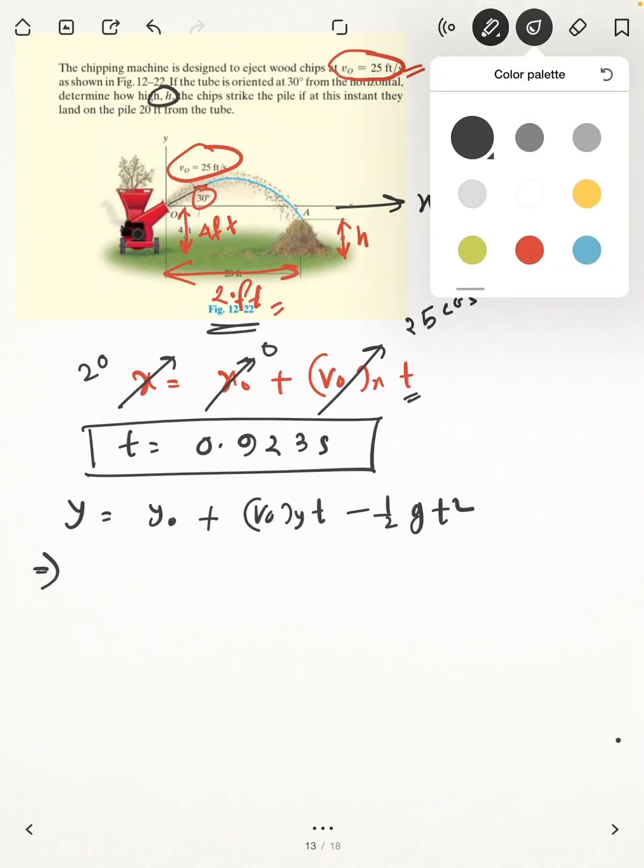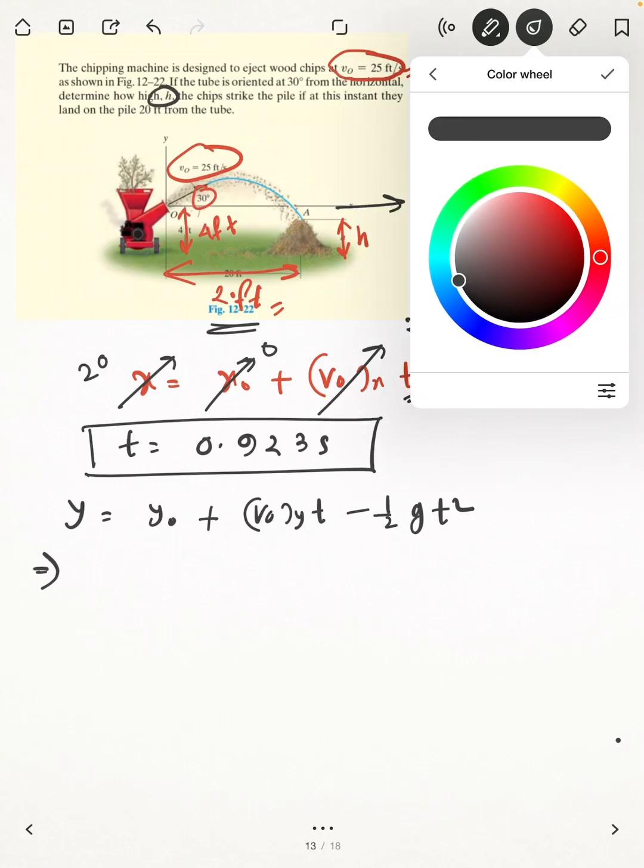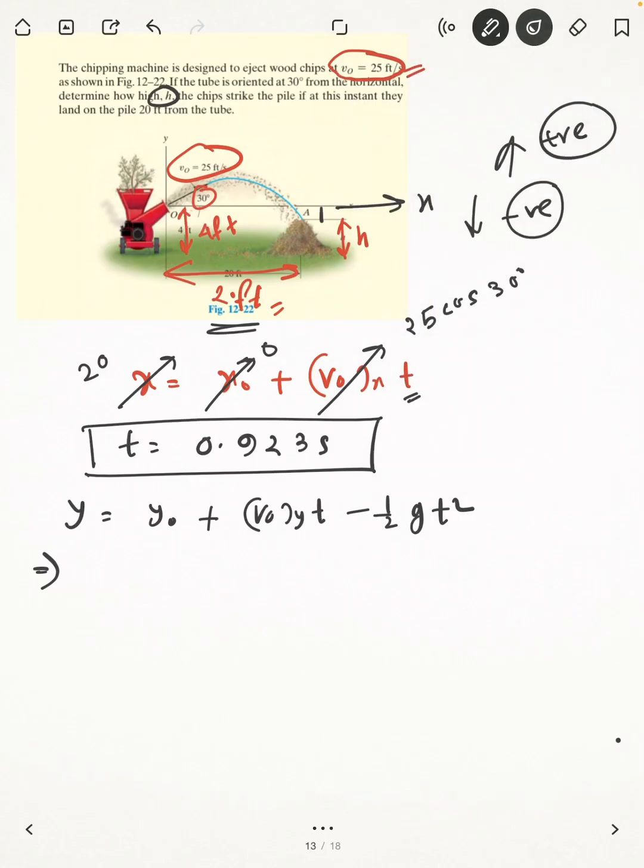So if you look at this particular thing, this amount of length, the total from the ground to the x-axis is 4 feet, and from the pile the height is h. Okay, so what should be this length? This should be 4 minus h. Okay, so y should be 4 minus h. That is basically below the x-axis, so that should be negative. We do not have any y naught.